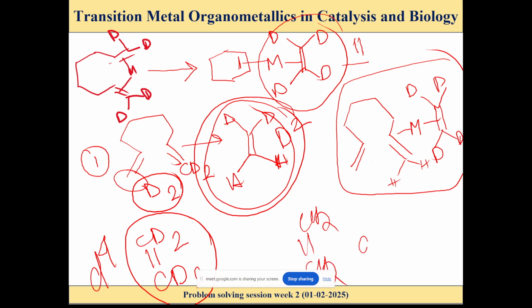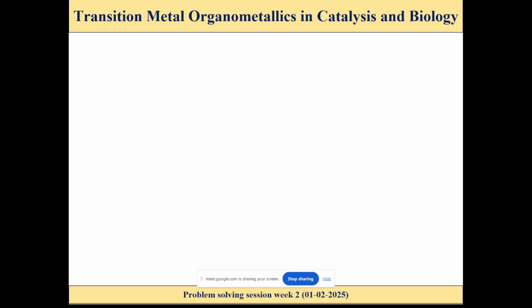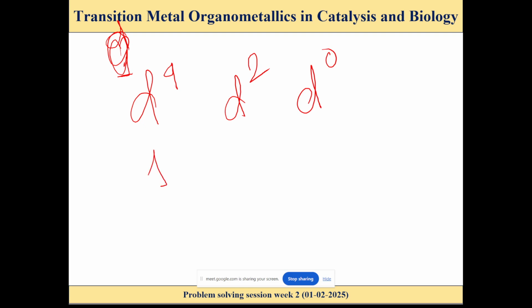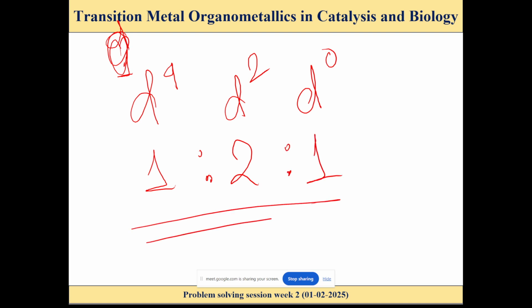So that is D0. If you consider the ratio of D4, D2 and D0, it will be 1:2:1.